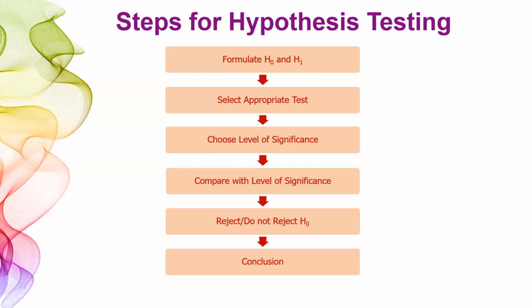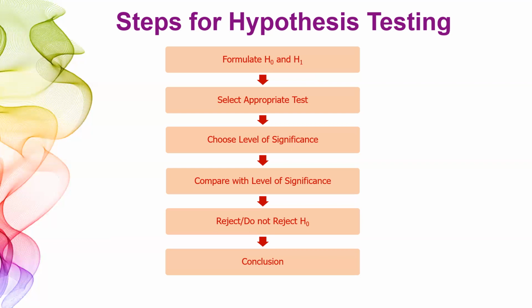After we have chosen the level of significance, we'll compare the calculated value with it, and then we'll decide whether we'll reject or accept the null hypothesis. After these steps, we'll finally come to the conclusion.